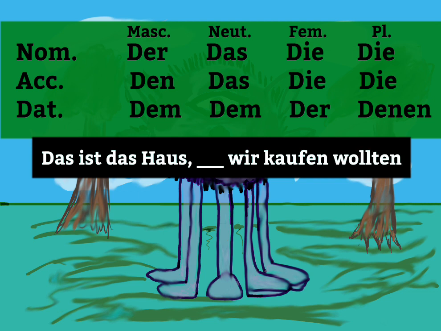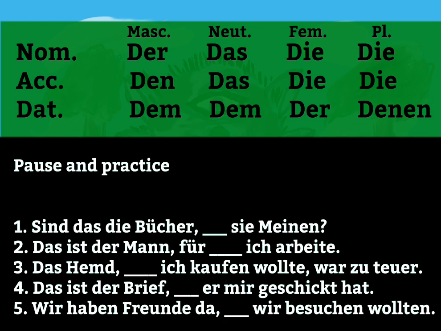Okay, that is the house that we wanted to buy. So in this case again, the das does not change. It stays das wir kaufen wollten. So I'm going to put up a couple more examples and see if you can do it on your own.